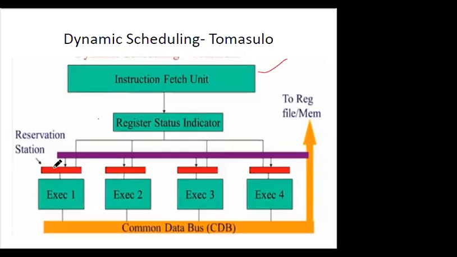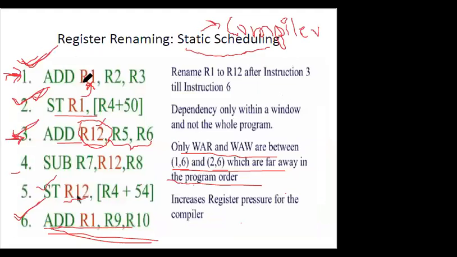And then this is the reservation station. If some value has to be updated, there are multiple execution units, as we can see, to execute instructions in parallel. As we have seen in the previous example, every instruction cannot execute simultaneously.